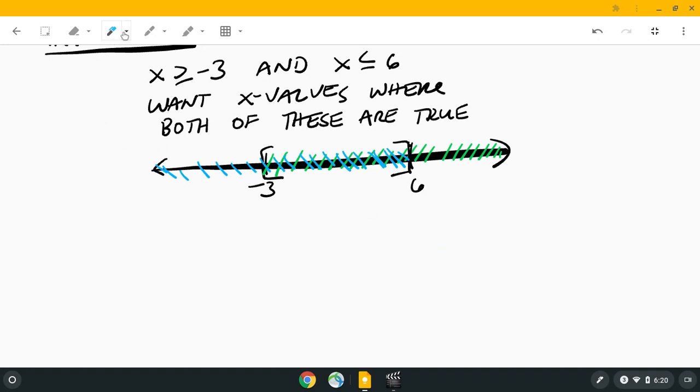That would be right here in the middle. Right here is where they intersect, where they have common solutions. So I'm just going to go ahead and darken this. Okay, so we could say -3 to 6.